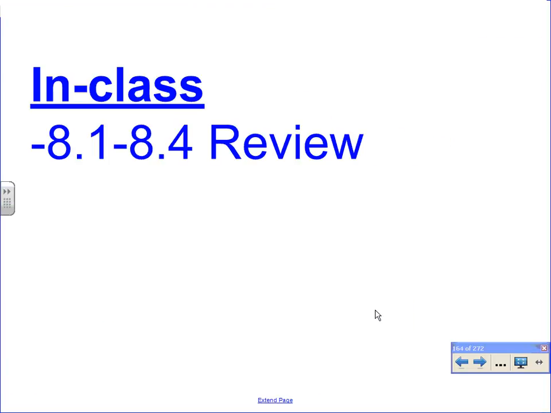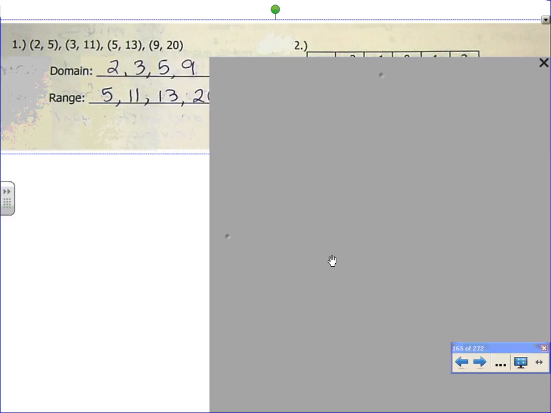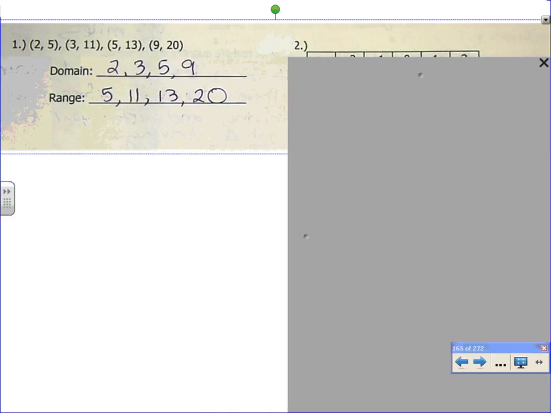Okay. So number 1, who can tell me the domain and range? Domain is 2, 3, 5, 9, and range is 5, 4. Good job. Number 2. Camila.